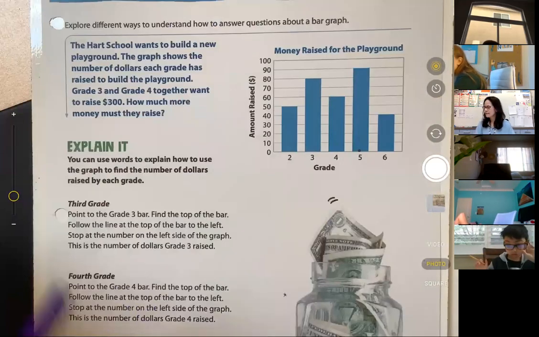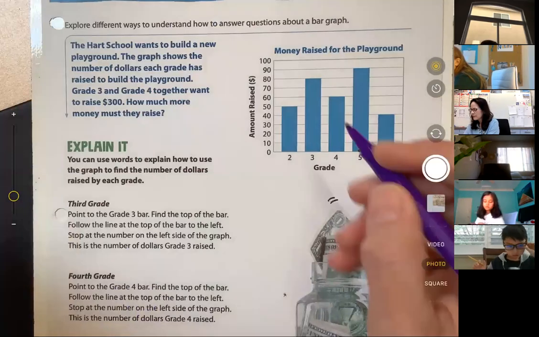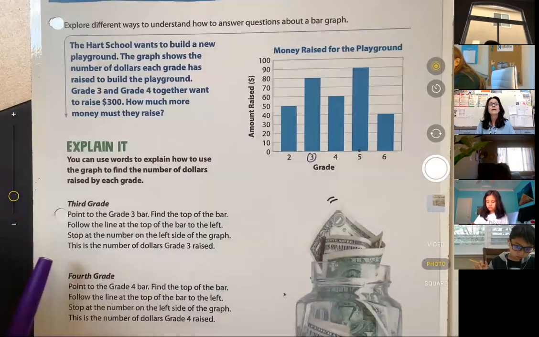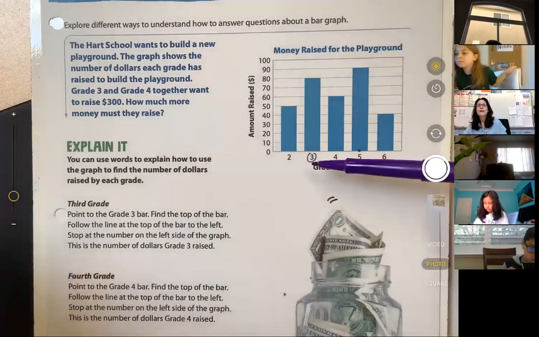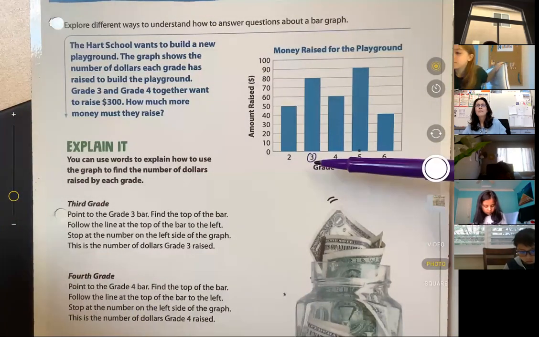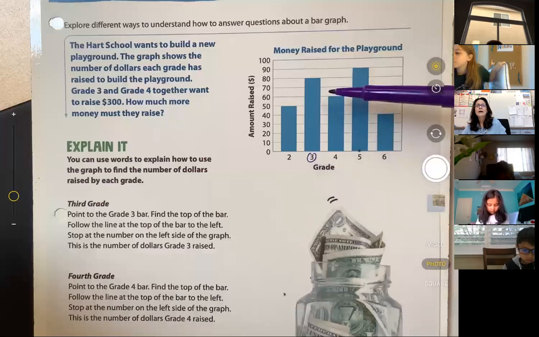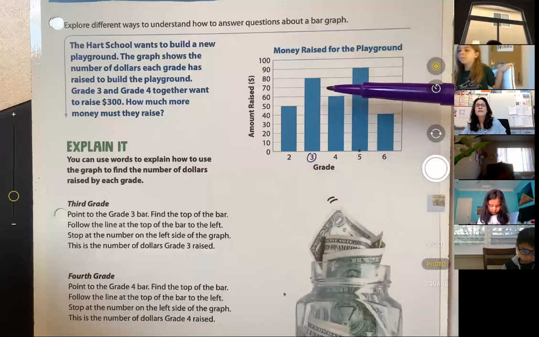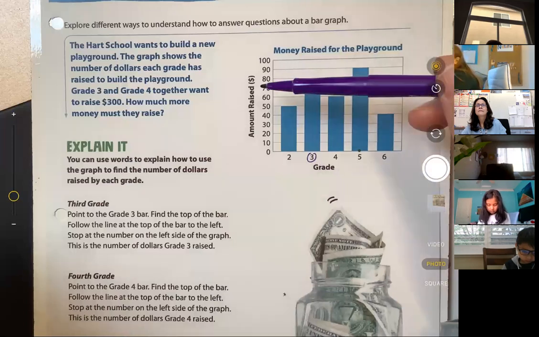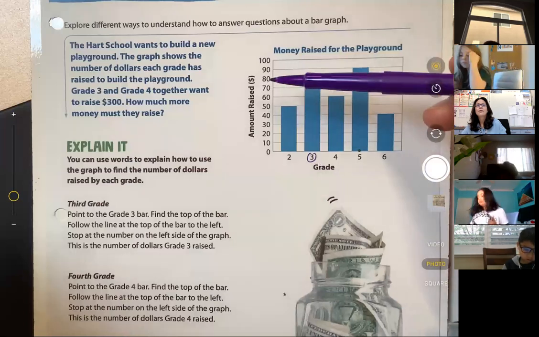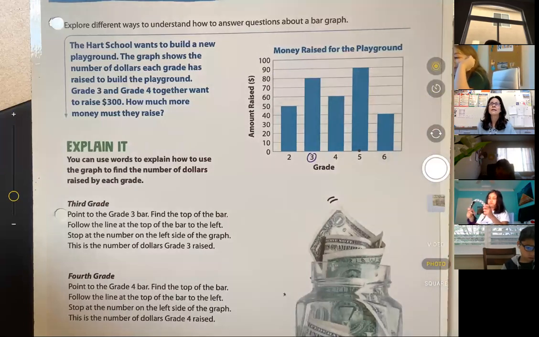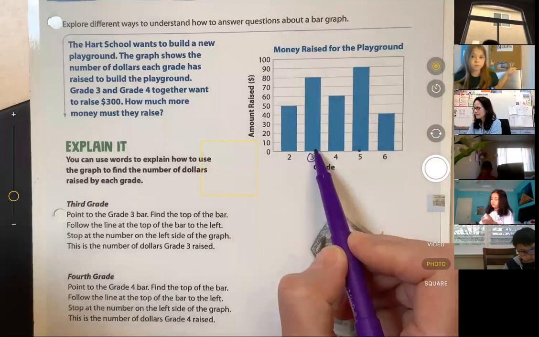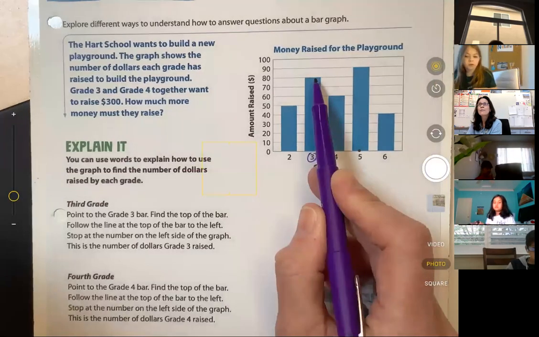So for 3rd grade, it says that we need to point to the 3rd grade bar, find the top of the bar, follow the line at the top of the bar to the left, stop at the number on the left. This is the number of dollars grade 3 raised. So again, grade 3, we stop at the top of the bar and move to the left.